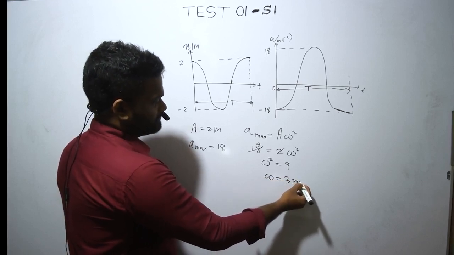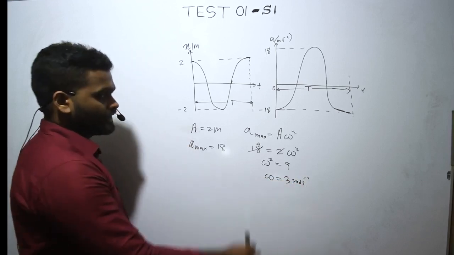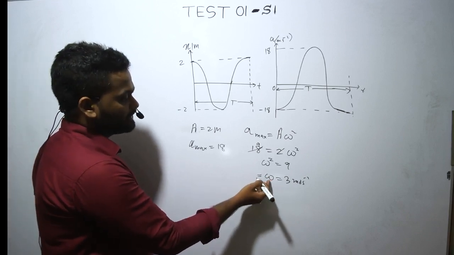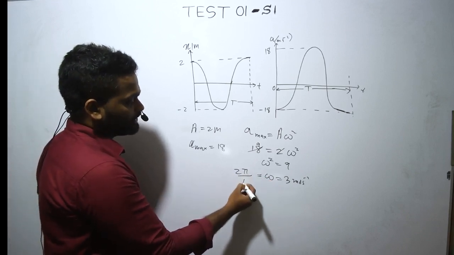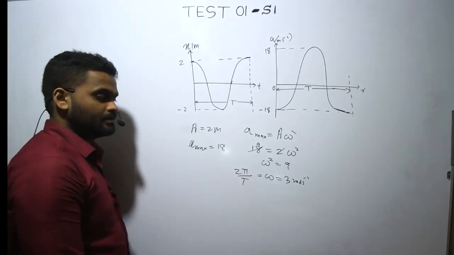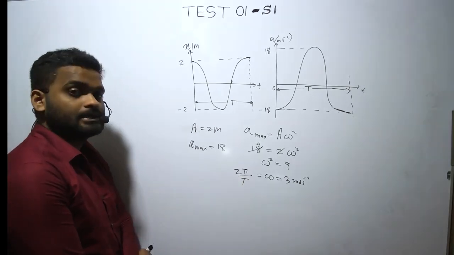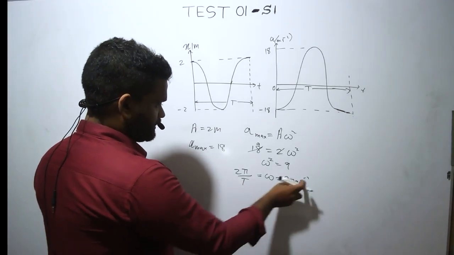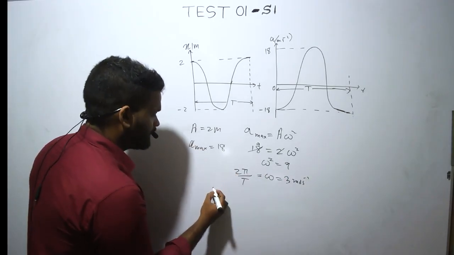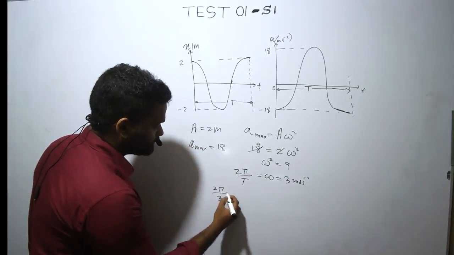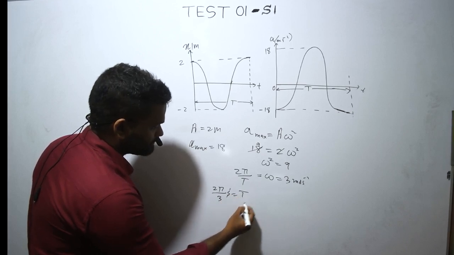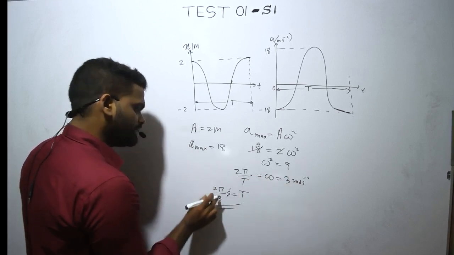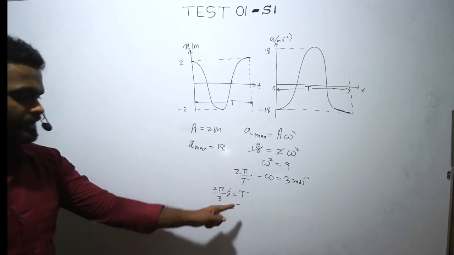Okay. But what they ask is time period. You know that omega is equal to 2 pi divided by time period. Then you can cross multiply this. T goes here, 3 comes here. So it is 2 pi divided by 3 seconds. That is the time period.